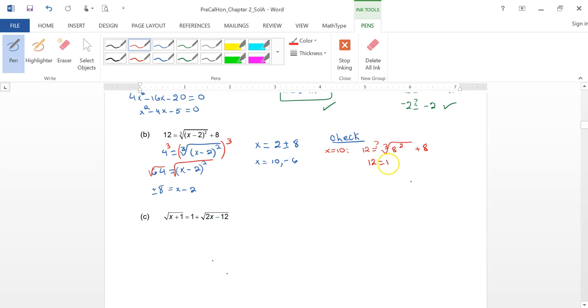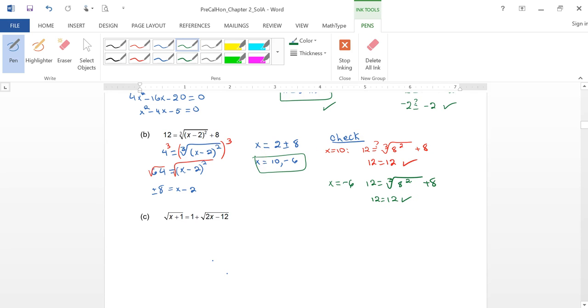It's the cube root of 8 squared, and you substitute 8. So you do 10 minus 2, you get 8, and then you square it. So here too, we get 12 equals 12. That means both of these work.